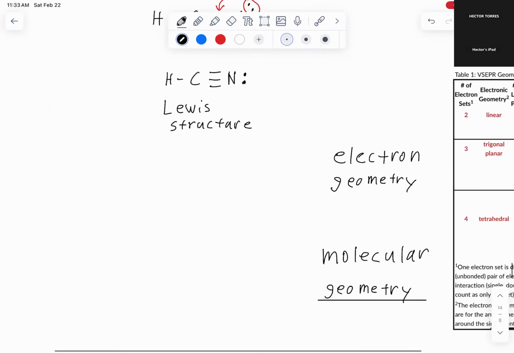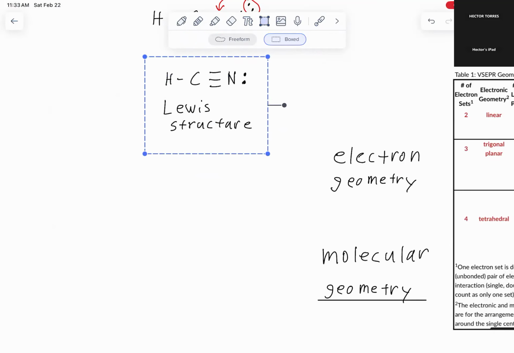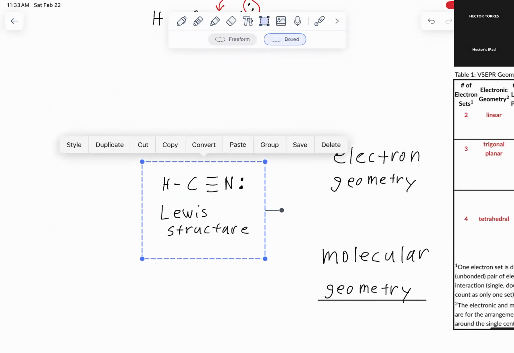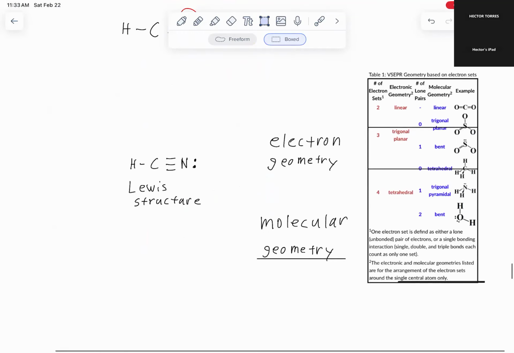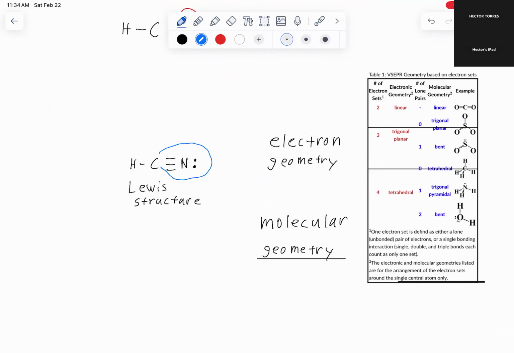Okay, so now that we have our Lewis structure, we can now determine the electronic geometry and the molecular geometry. So I'm going to use the table from the procedure, and to be able to do this, first we need to look at the number of electron sets. So looking at carbon as a central atom, we want to see how many electron groups are around it. So we see 1 here and the second one here.